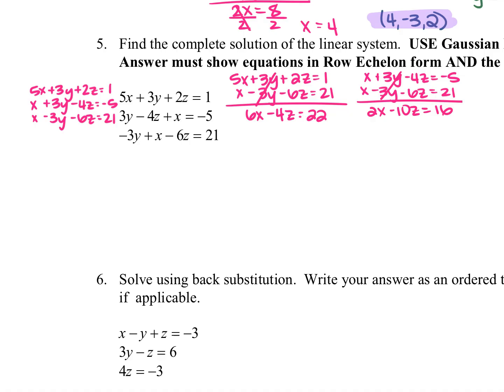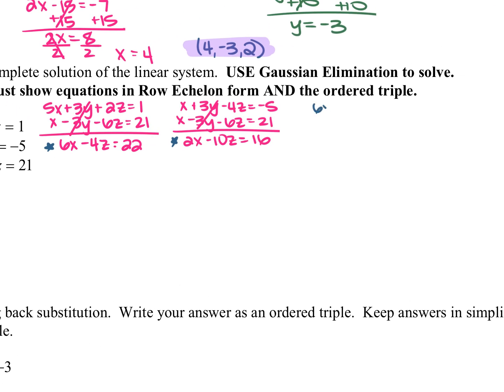You're going to use your two new equations now. So that's the 6x minus 4z is equal to 22, and 2x minus 10z is equal to 16. I'm going to multiply the bottom equation by -3 to cancel out those x values.